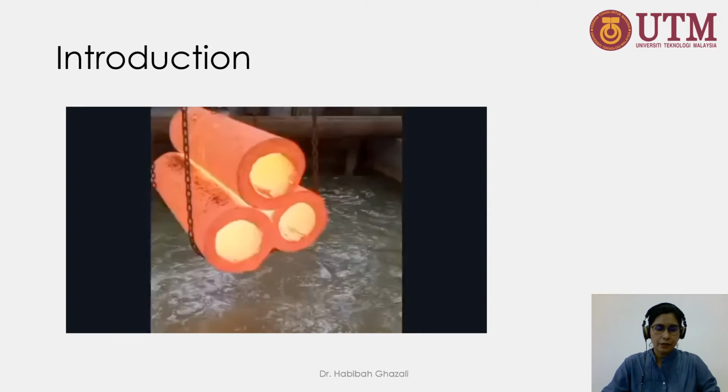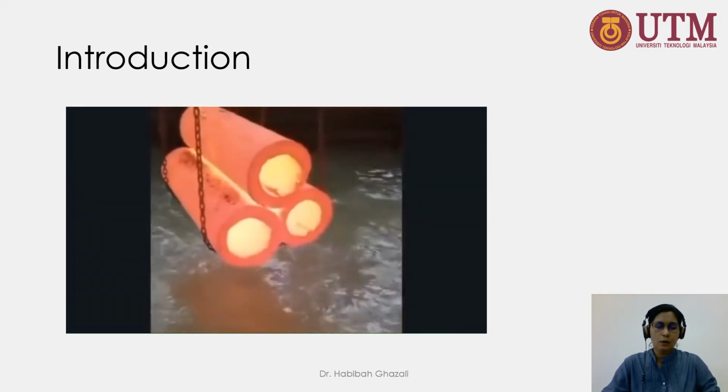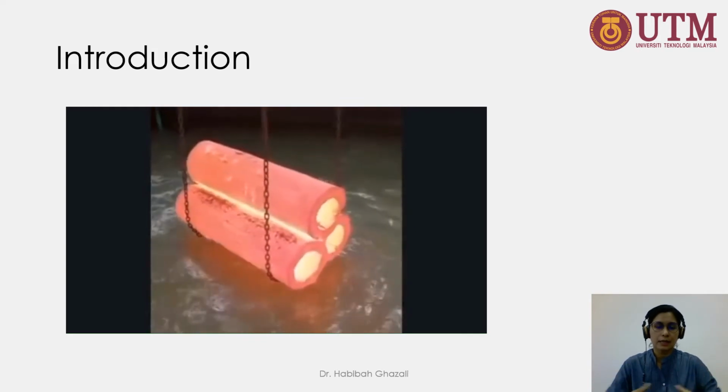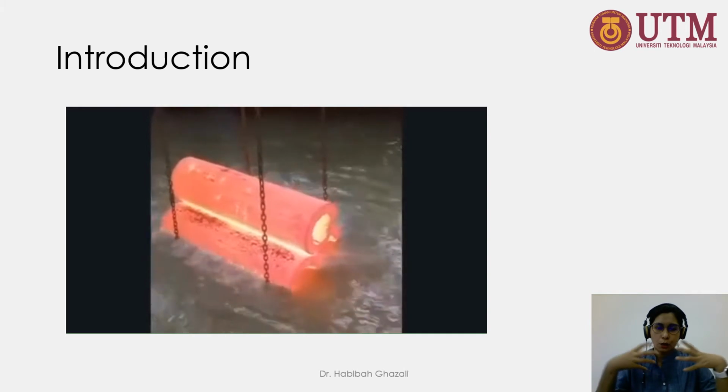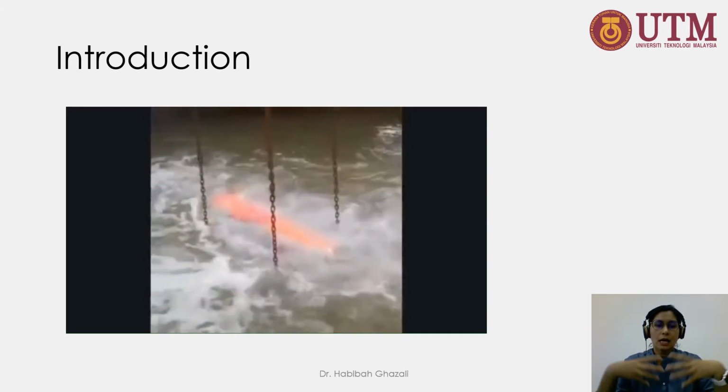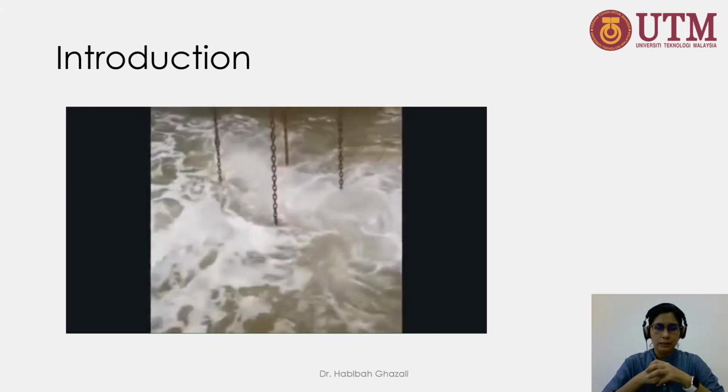I have this very short video clip here that I would like to share with you on how a huge structure of steel is heat treated in industry. This is a quenching process in which the steel structure is being quenched inside water.